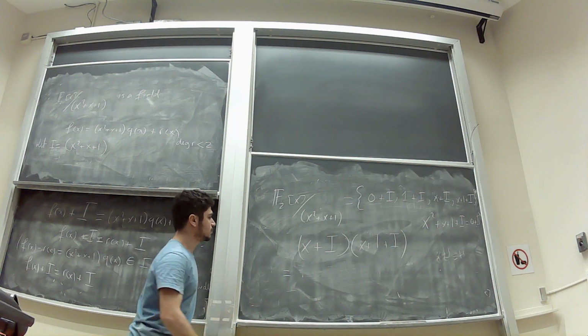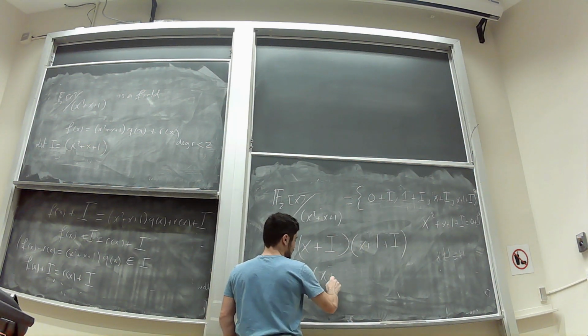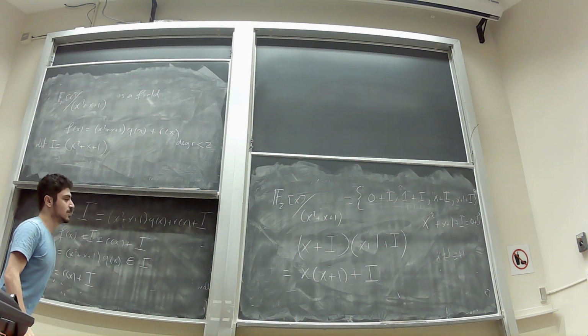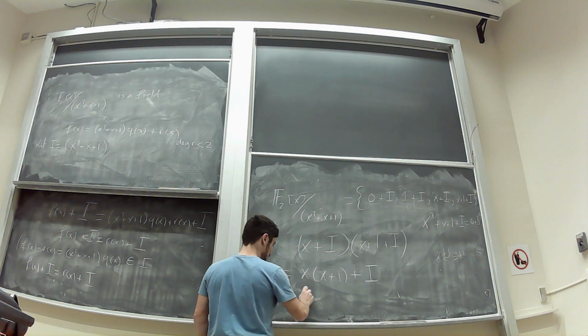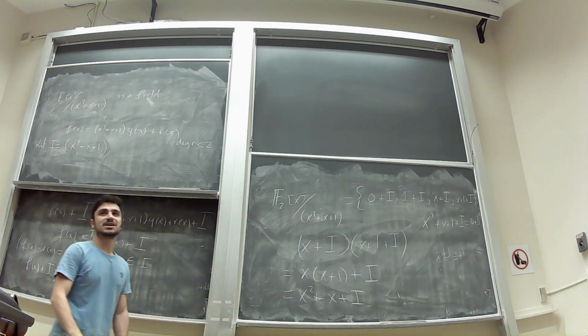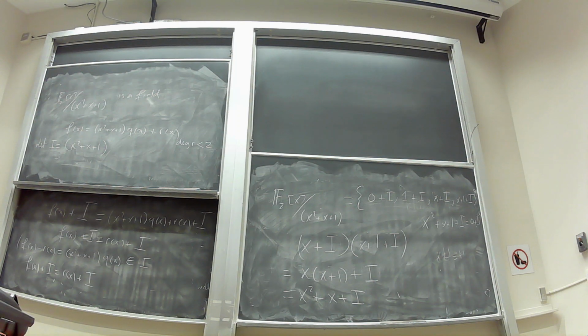Great, now let's do that. What is the product of these two? This is just x times x plus 1 plus I, so this is x squared plus x plus I. What is x squared plus x plus 1 in that case?